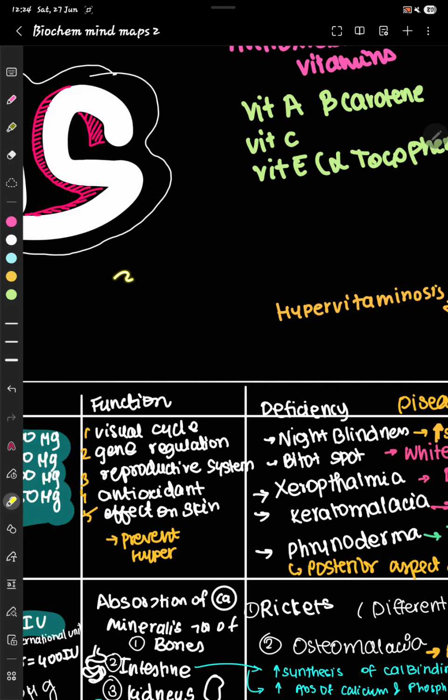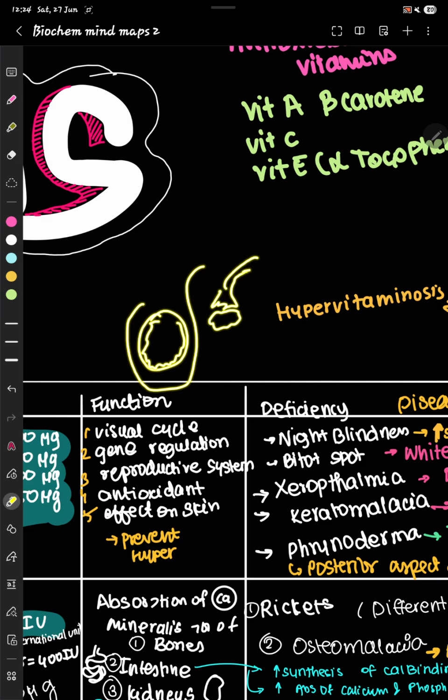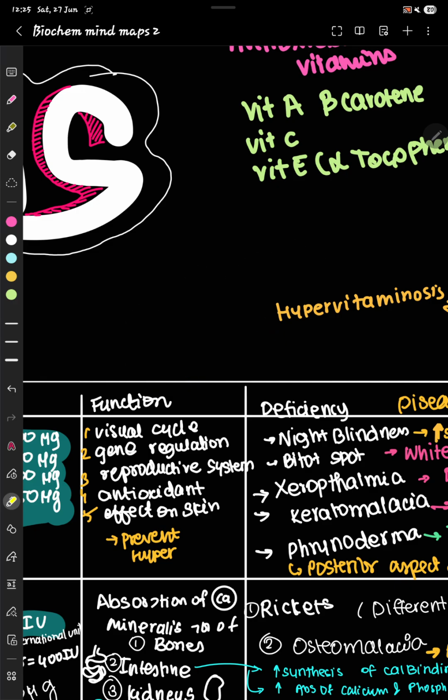And the regulation of gene expression and reproductive function, because it helps in the germinal epithelium, right? The gonads, the testis and the ovaries. So the epithelium of these is also controlled by vitamin A. It prevents the keratinization of germinal epithelium.